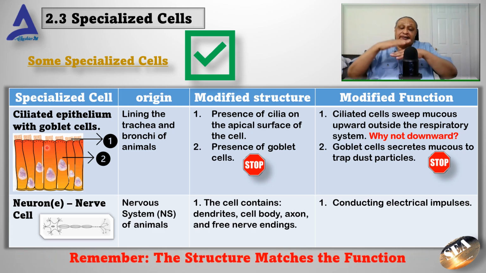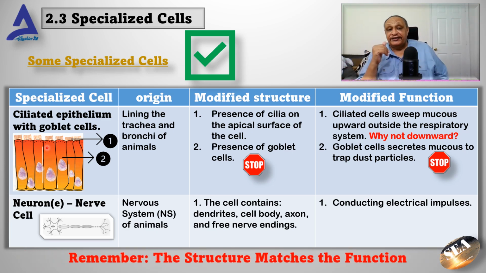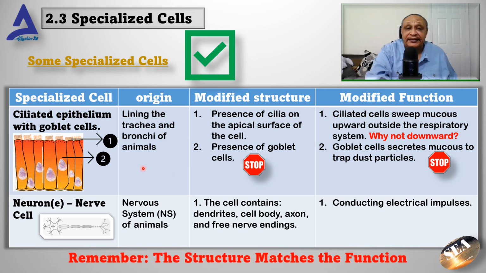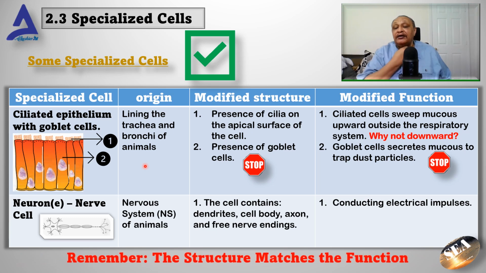Those are present on the apical part of the surface of the cell. They are present in the trachea, the windpipe, and the bronchi of animals.